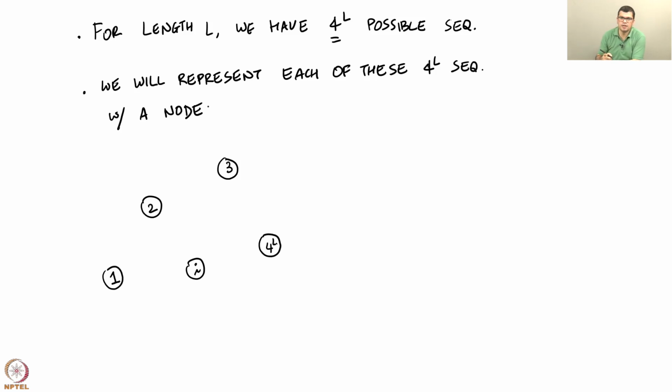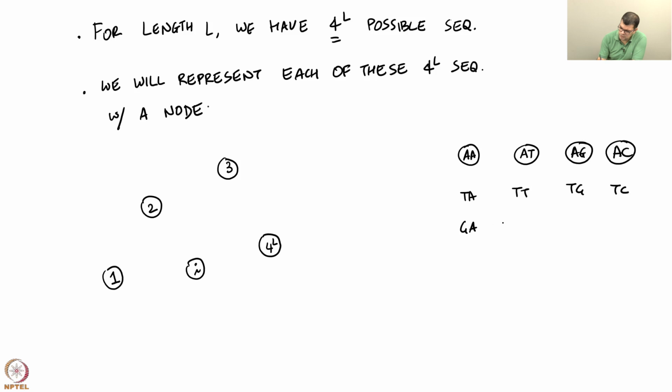From the context of the 2-node case that we discussed on the previous slide, this is going to be AA will be one node, AT, AG, AC, TA, TT, TG, TC, GA, GT, GG, GC, and CA, CT, CG, and CC.